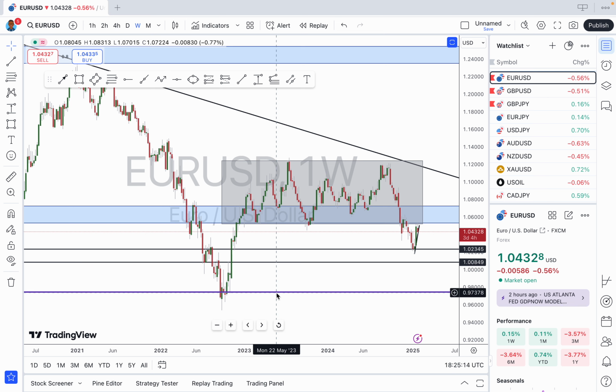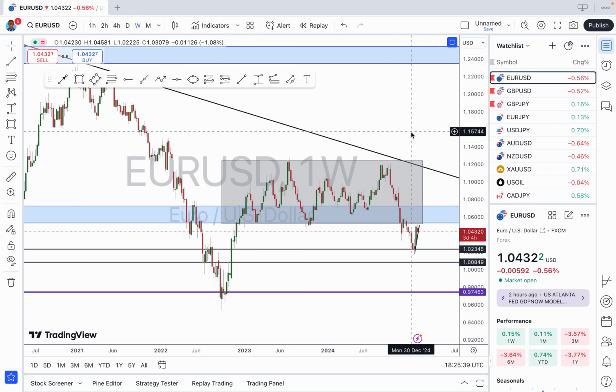Now, what interests me about EU is the fact that we have broken this range, hence committing to the downside. If we broke the top part, if we broke the resistance of the range and started heading higher, we would have committed to the upside.